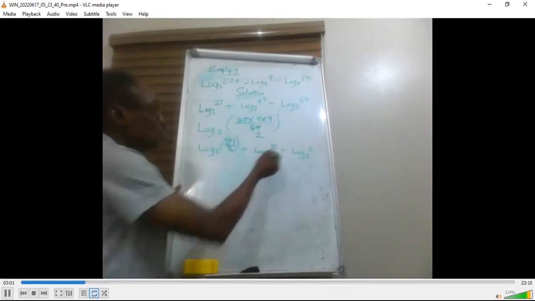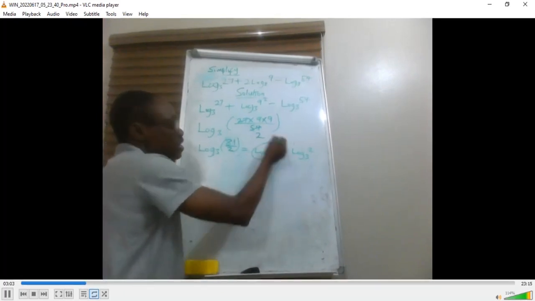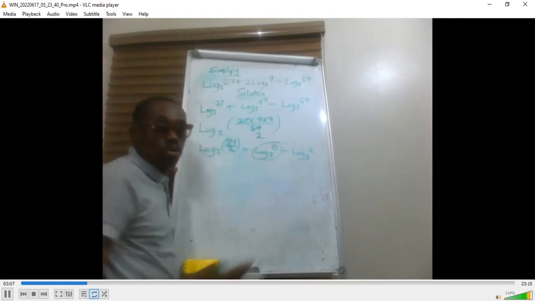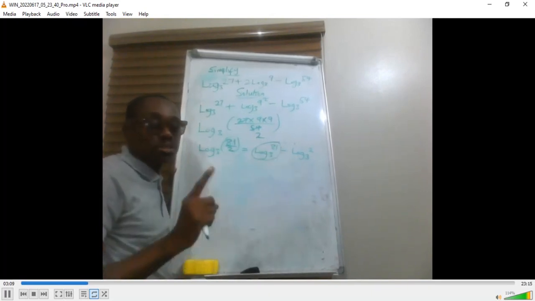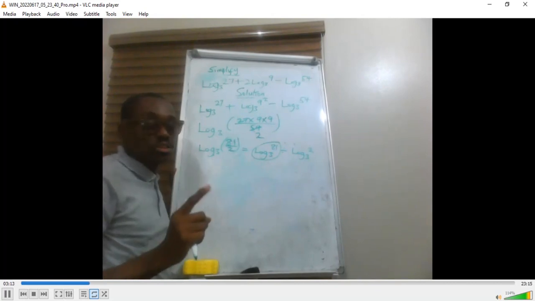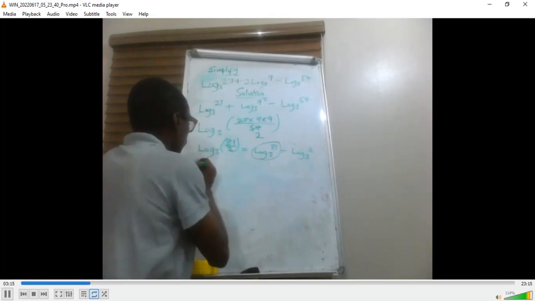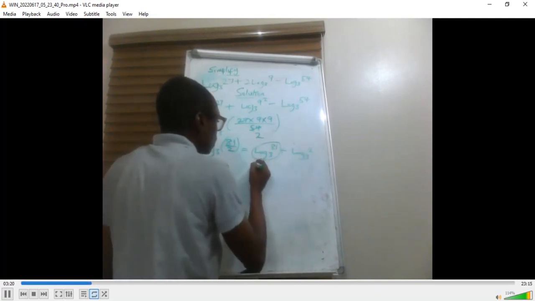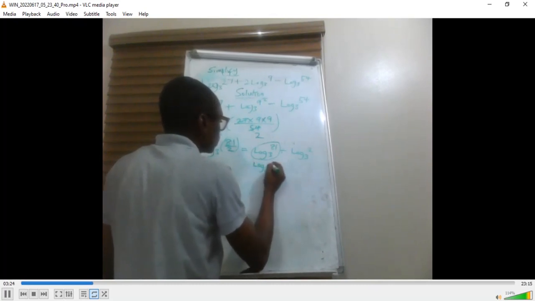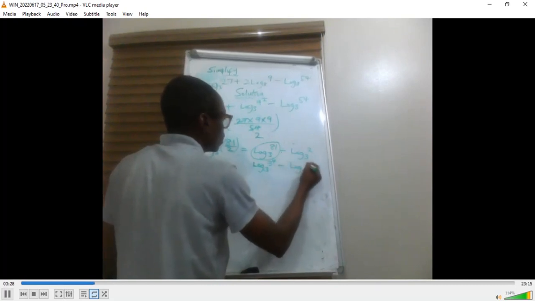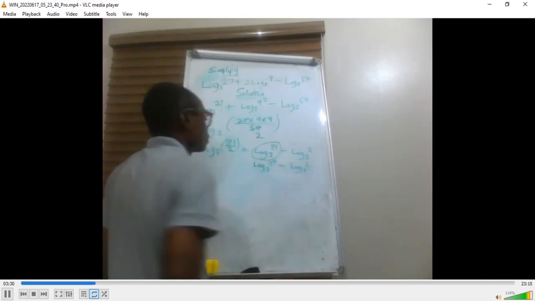Okay, so this side is very easy to simplify. We know that 81 is the same thing as 3 times 3 times 3 times 3, 4 times. So 81 is actually 3 raised to power 4. So this can be written as log 3 raised to power 4 minus log 2 base 3.